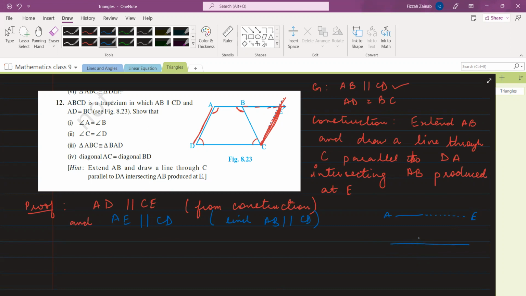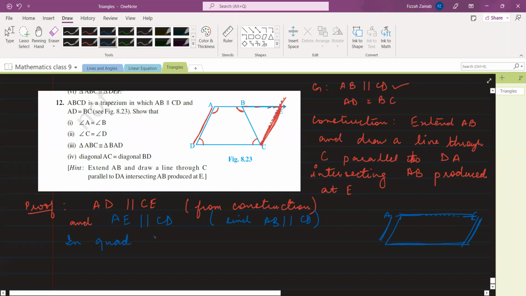So in this parallelogram, we can see that this side is parallel to this side and this side is parallel to this side, I mean, in this quadrilateral. So we can say it's a parallelogram because the opposite sides are parallel. Understand? Yes, ma'am.